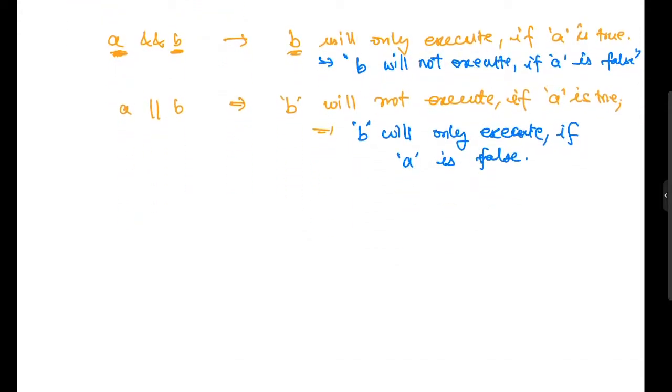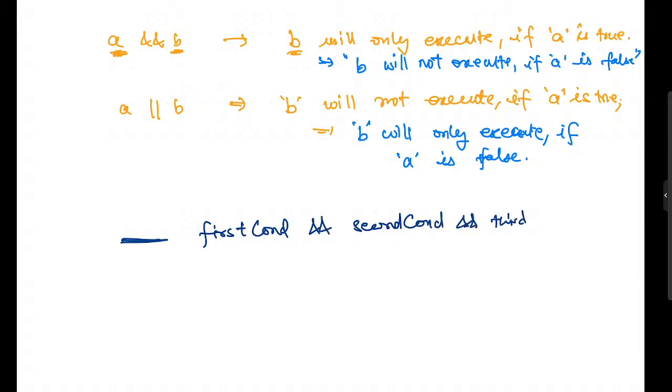So let's say you have a set of conditions that you need to check. For example, if I have a first condition, a second condition, and then a third condition, and my first condition itself is failing, I don't care about the rest.